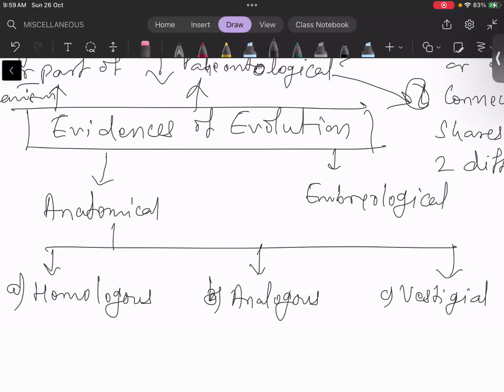Now, what are homologous organs? What is meant by homo?